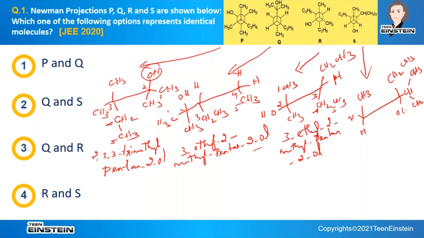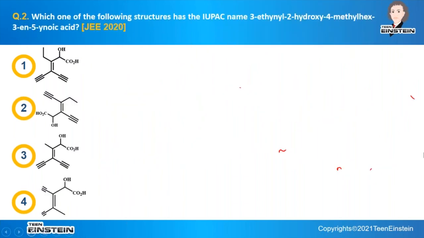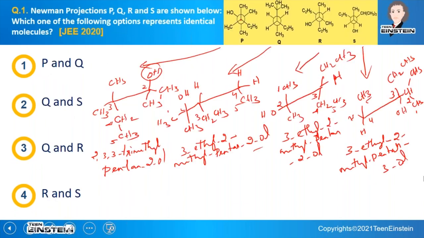The numbering starts from the isopropyl group: 1, 2, 3, 4, 5. So the IUPAC name of this structure is 3-ethyl-2-methylpentan-3-ol. Here the OH group is on the third carbon atom.